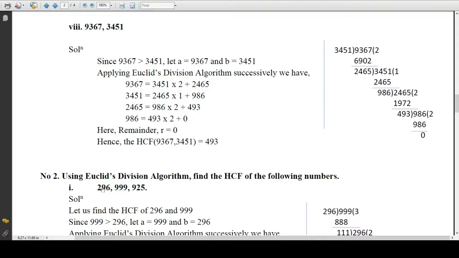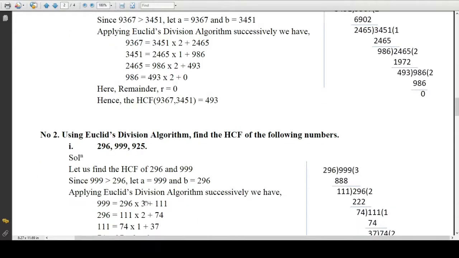You take the first 2 numbers, 296 and 999. Since 999 is greater, therefore we'll take A as 999, B as 296. Apply EDA successively. We have 999 is equal to 296 multiplied by 3, giving you remainder 111.